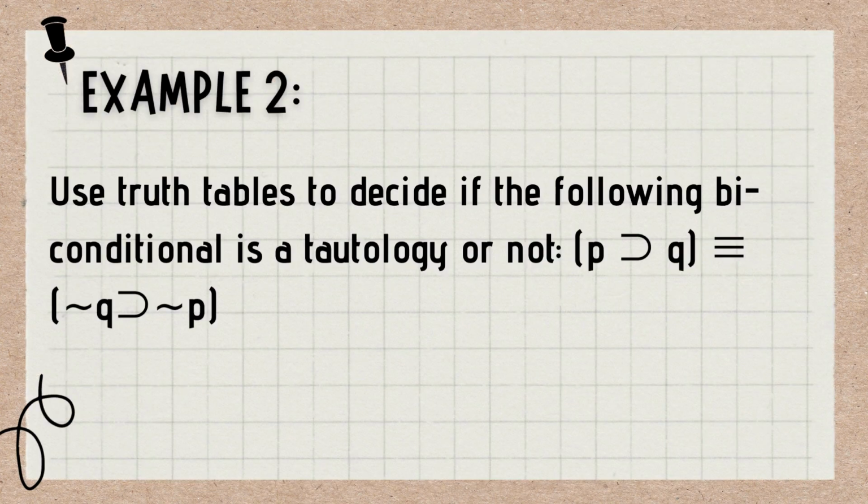Now the next example: use a truth table to decide if the following biconditional is a tautology or not. What we mean by biconditional is material equivalence. We call it biconditional because both statements will have the same truth values.